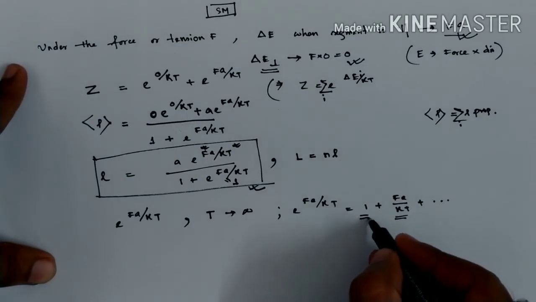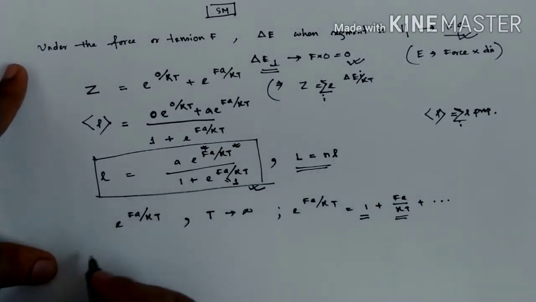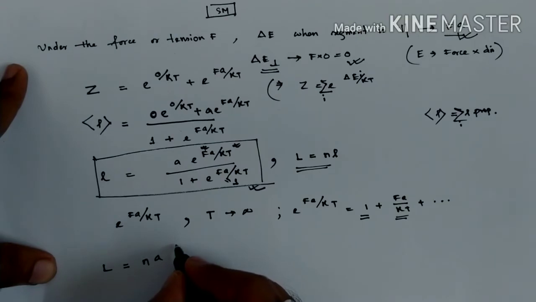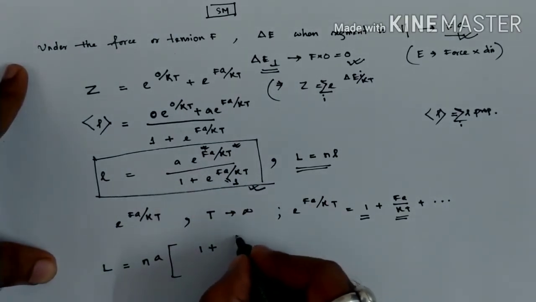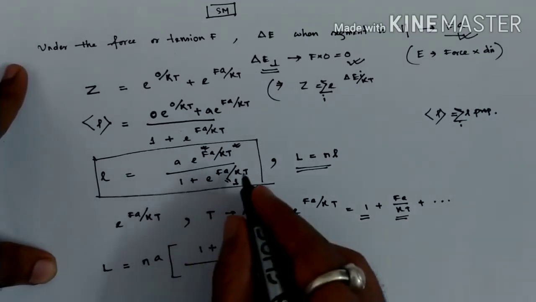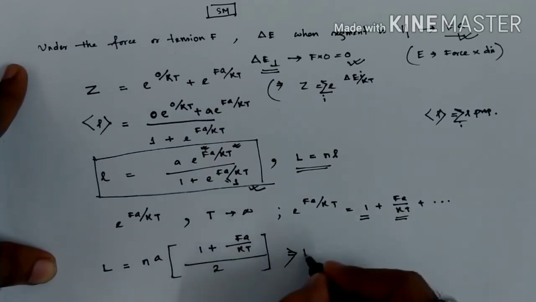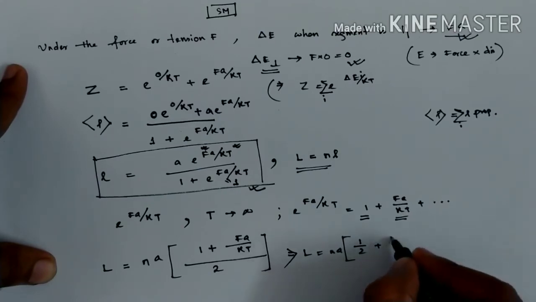So the total length L, with e raised to Fa by kT written as 1 plus Fa by kT, divided by 1 plus 1, which is 2, gives L equal to n into a, 1 by 2 plus Fa by twice kT.